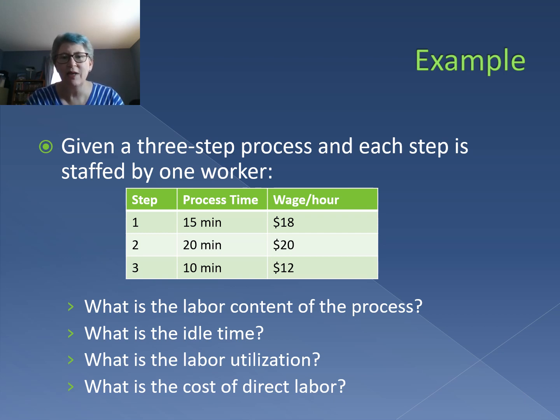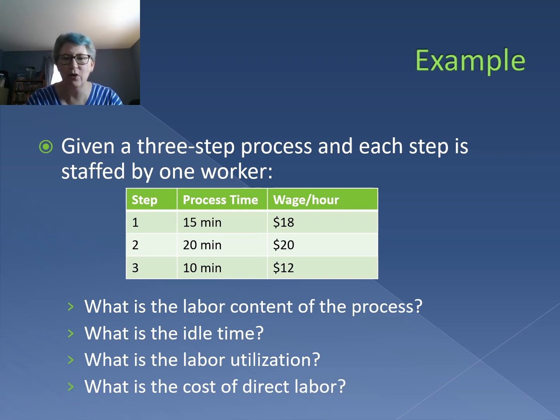Now, let's say we have a three-step process, and each step is staffed by a single person. Step 1 takes 15 minutes to work on a flow unit, and that person is paid $18 an hour. Step 2 takes 20 minutes to work on that flow unit, and that person is being paid $20 an hour.